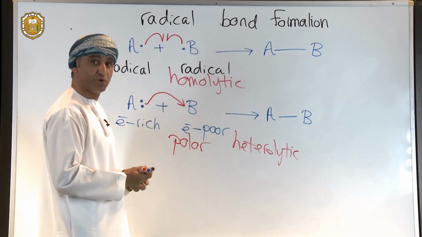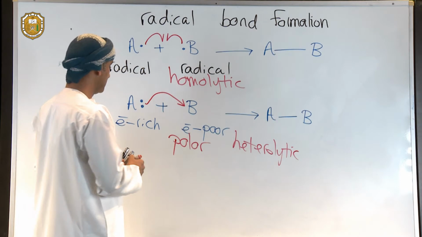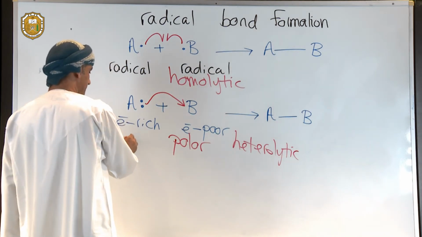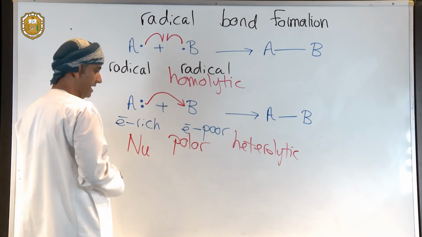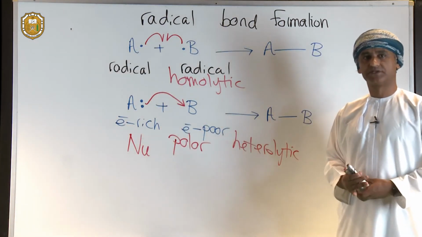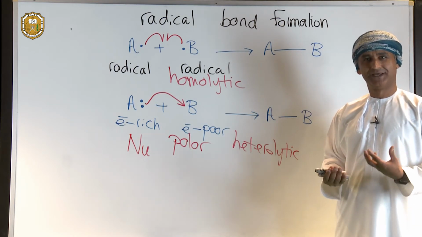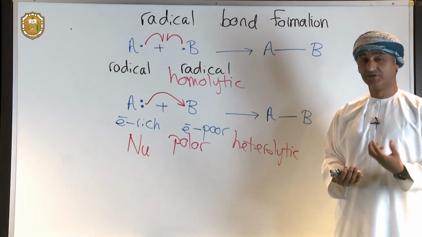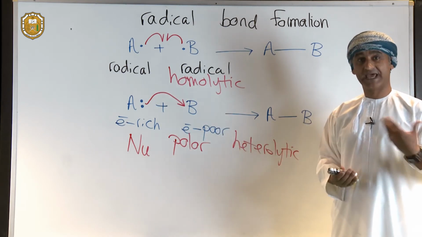This is the electron-poor site, or the site that requires electrons. Now, in organic chemistry, this species or intermediate is called a nucleophile. A nucleophile because it's a source of electrons. It's nucleus loving because the nucleus is positively charged. That's the source of electrons, and thus the name nucleophile.